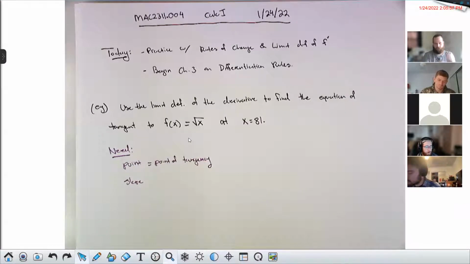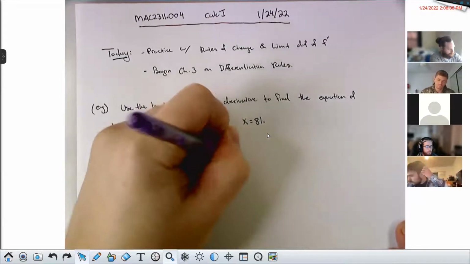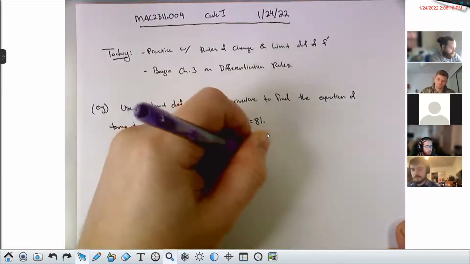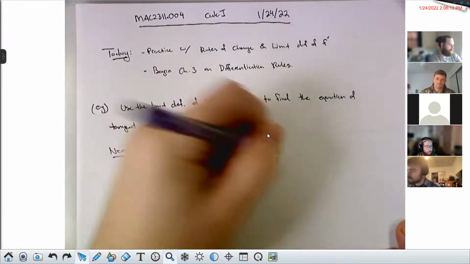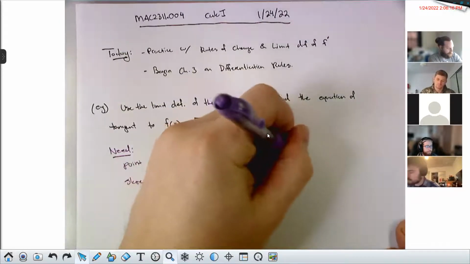The point where that tangent line just kisses the graph. Since we're trying to find the tangent line at x equals 81, that means this is 81 comma f of 81. And since f of x is the square root of x, that's 81 comma 9. That's our point.